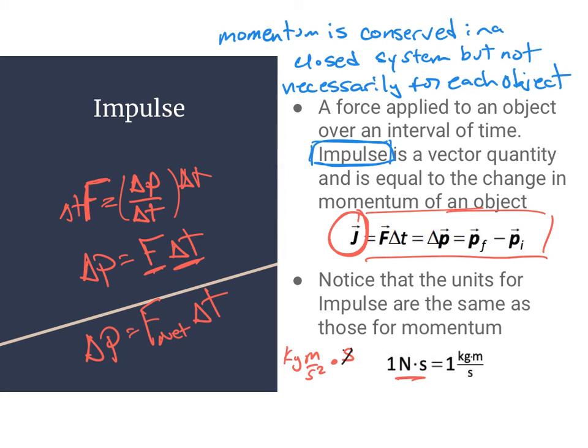So we should see that our seconds cancel out here and here, and we're left with kilograms times meters per second, which is the same unit as momentum, which makes sense because our impulse is a measure of the change in momentum, and so the units should be the same. Typically, the convention is to use newton seconds when we're talking about impulse, and kilograms times meters per second when we're talking about momentum, but the two are essentially interchangeable.